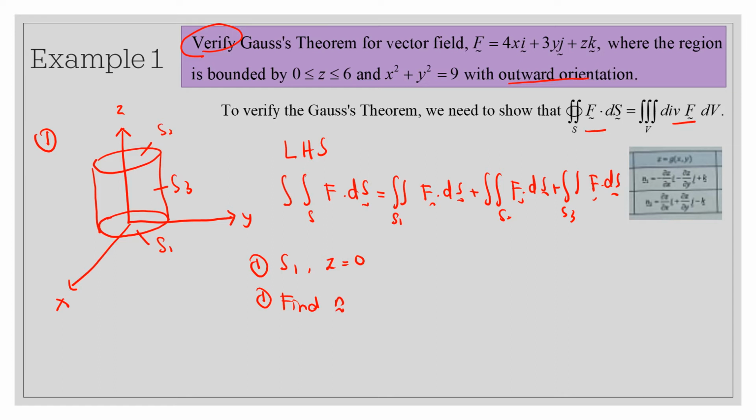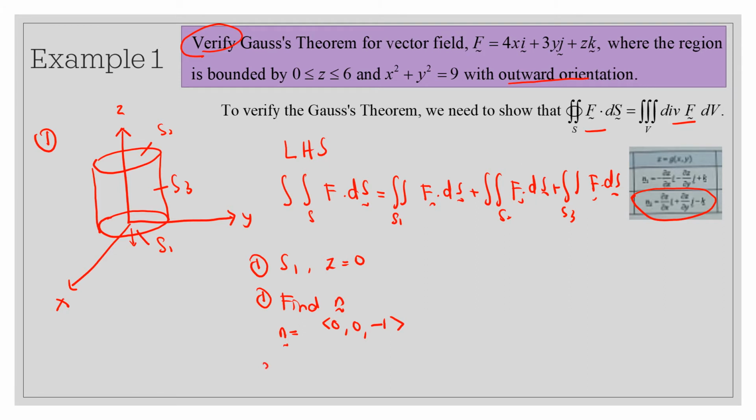So to find n, you need to refer to table 2.4 in your textbook. So you can see here, the unit normal vector here is pointing downwards. So you need to refer to this column. So n here is equal to 0, 0, negative 1.